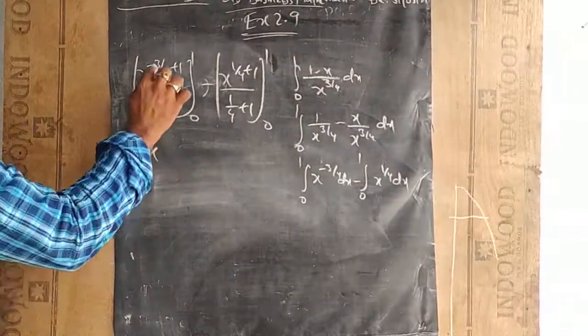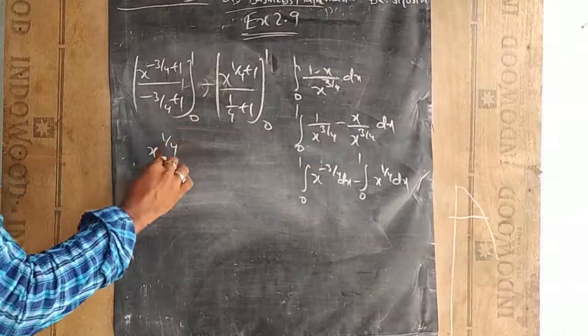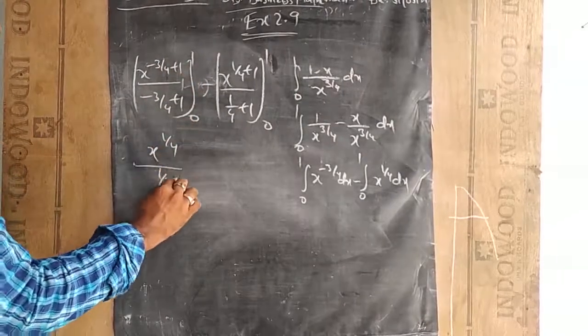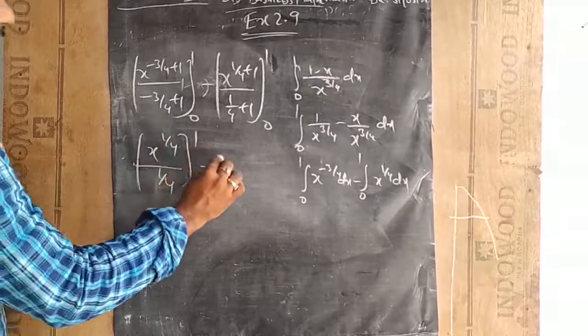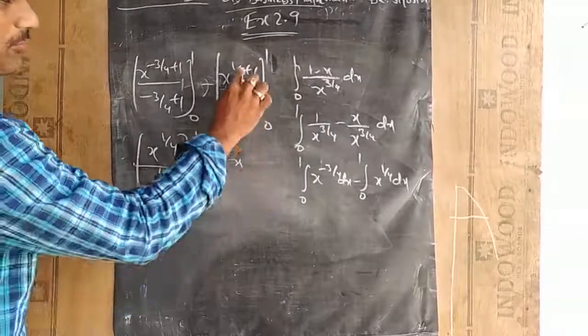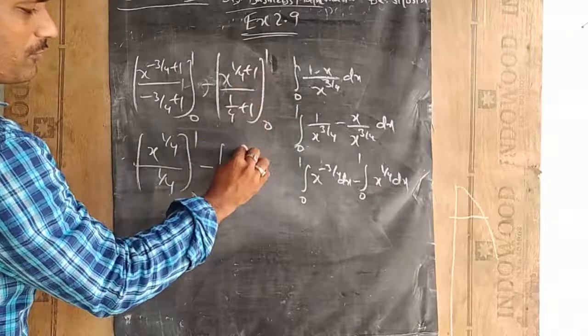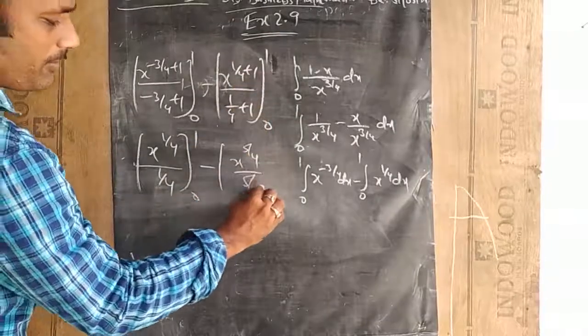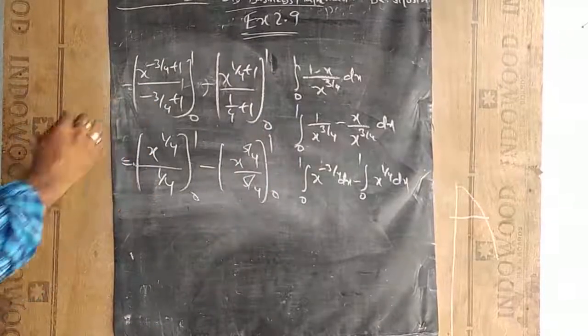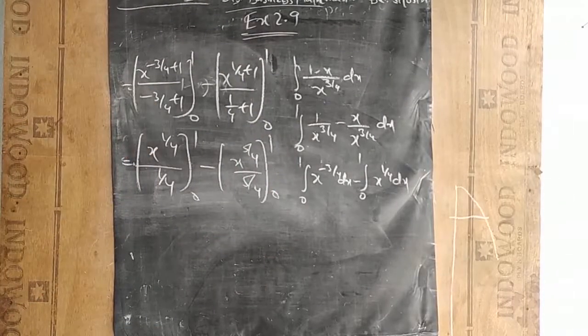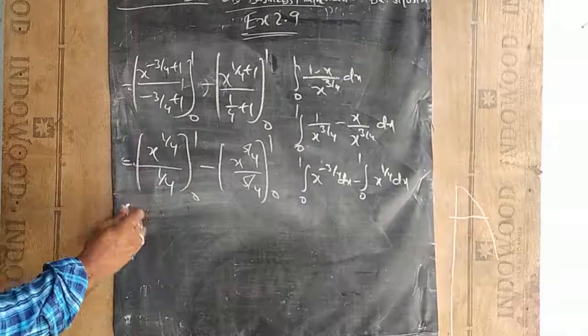So x to the power of 1 by 4 by 1 by 4, from 0 to 1, minus x to the power of 5 by 4 by 5 by 4, from 0 to 1. It will become 4.